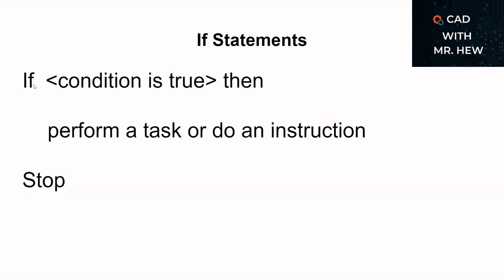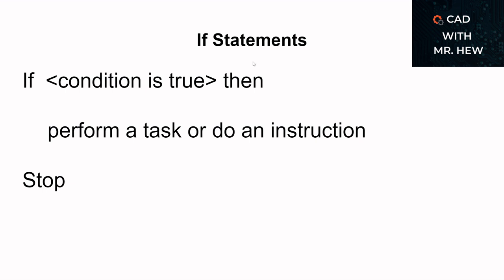While in the if-then example, we would have only one task or instruction being performed if the condition is true. So if the condition is false, nothing will happen. No instruction will be executed in the if-then statement.